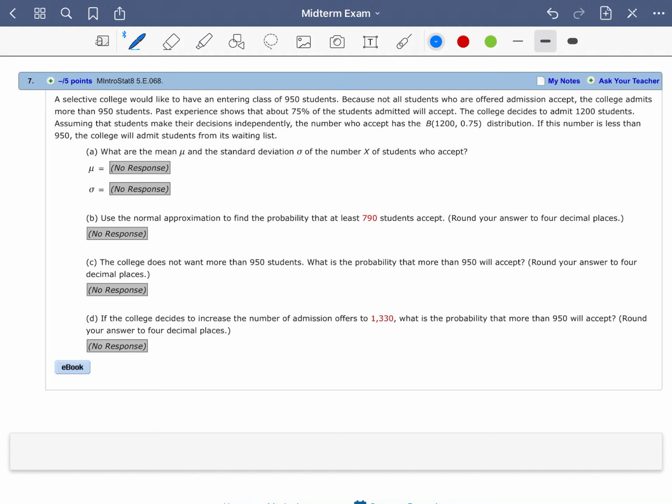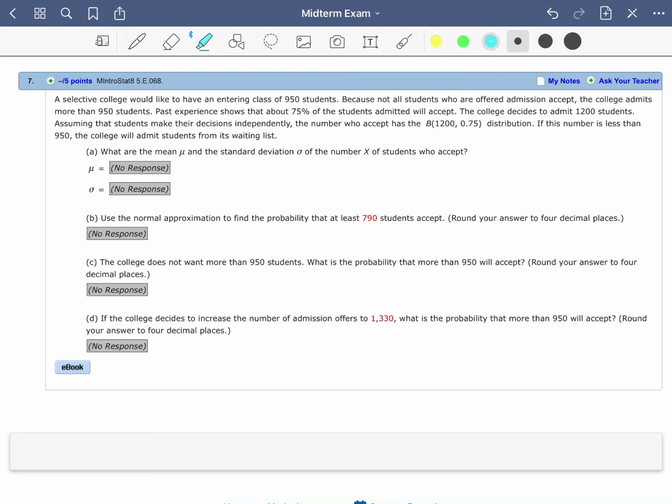Okay, so for the last question is the binomial distribution. A college needs to admit like 950 students, and of course not everyone that got accepted will accept the admission, right? So some will come.